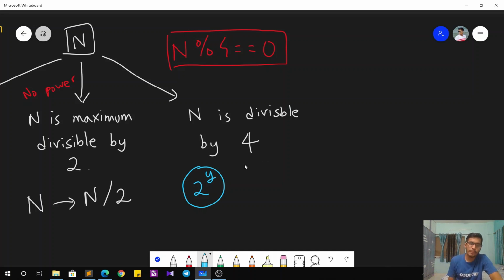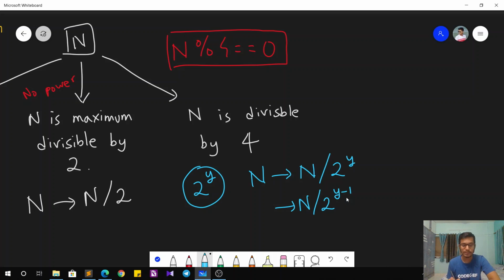So what is the maximum possible move that the player can do? The current player can change n to n divided by 2 to the power y, or he can change n to n divided by 2 to the power y minus 1. Basically any power of 2 that is less than or equal to 2 to the power y, because this is the greatest one.